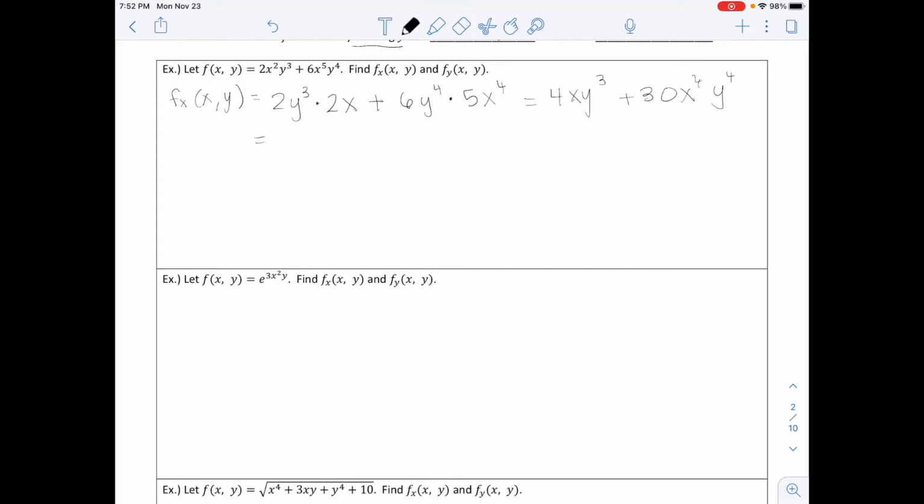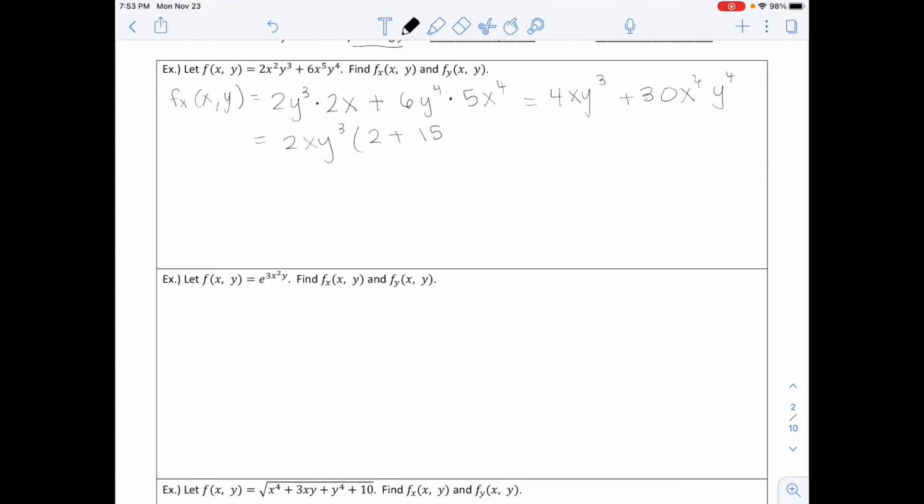And you can also rewrite this and factor out your greatest common factor, which would be, they both have a 2, they both have an x, and they both have a y to the third. So if we were to factor those out, your first term would be left over with a 2, and that's it. Plus, second term is a 15.